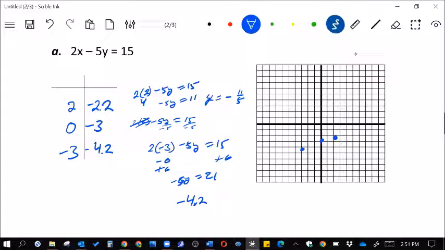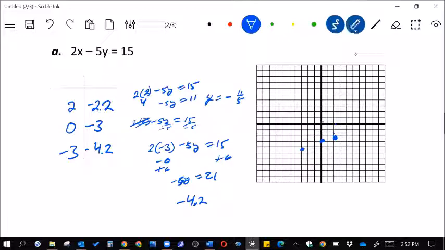So it's the 2, okay, and 4.2, and negative 2.2, negative 1, negative 2.2, 3. And I think it will make close enough of a line.